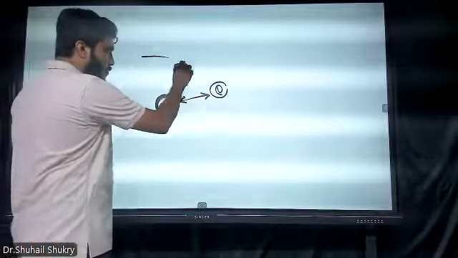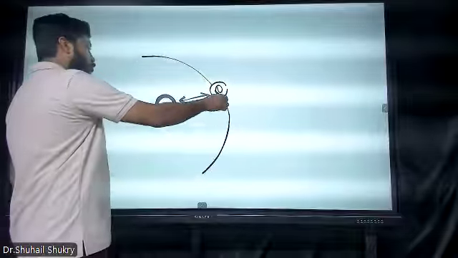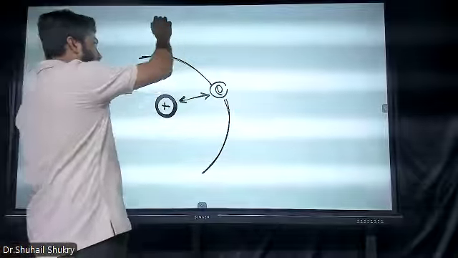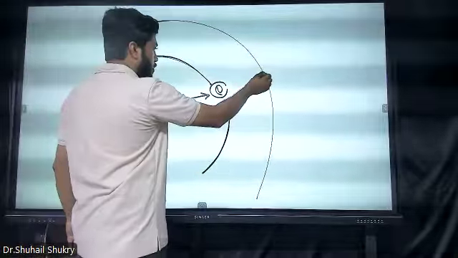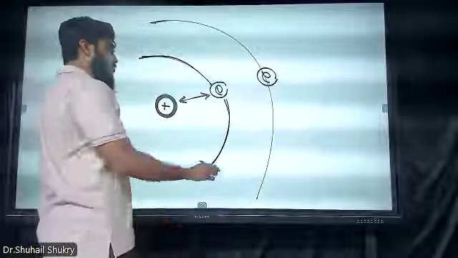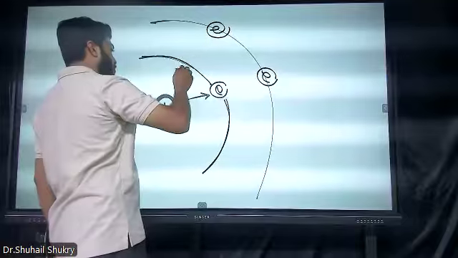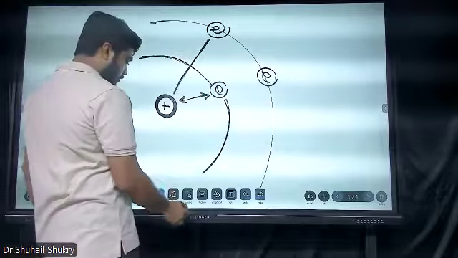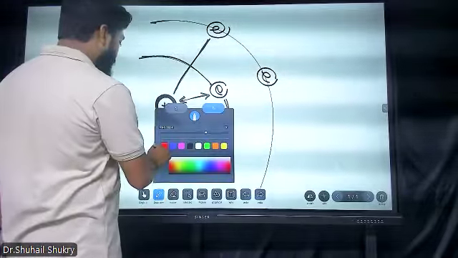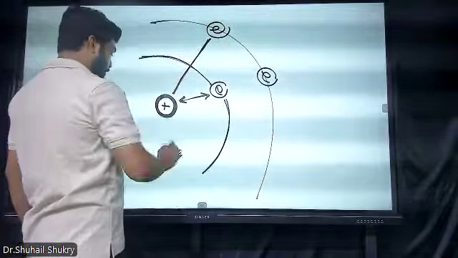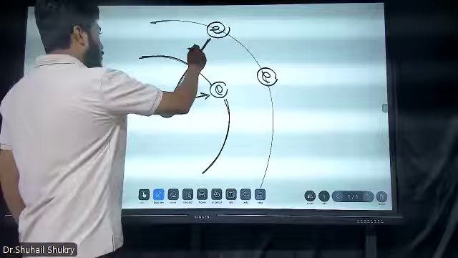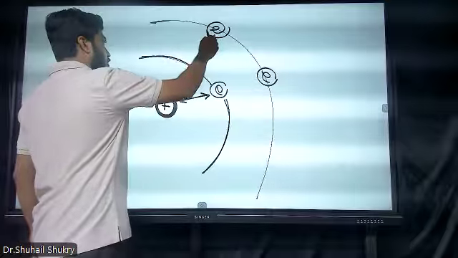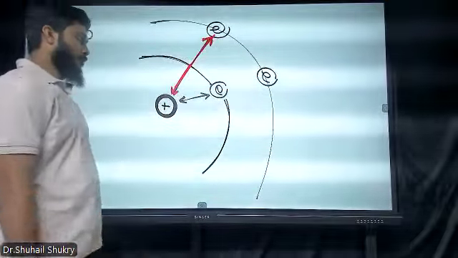But when there are orbits, energy levels, and there is an electron in this orbit, what will happen? The electron won't have the real attraction to the nucleus.